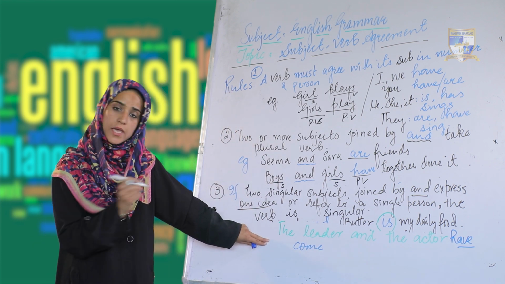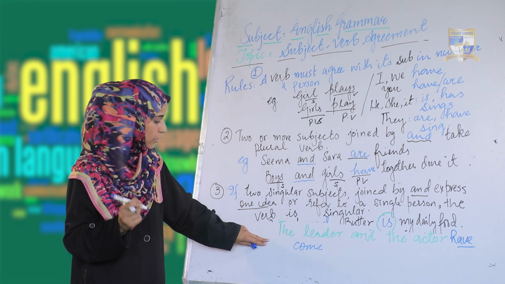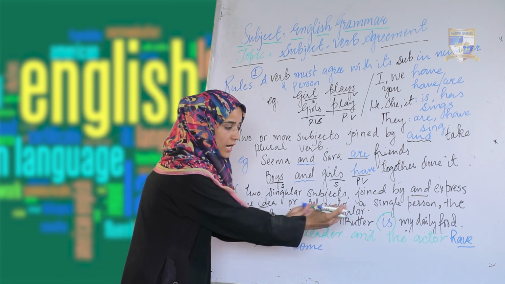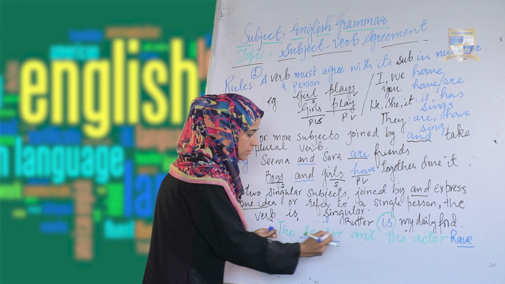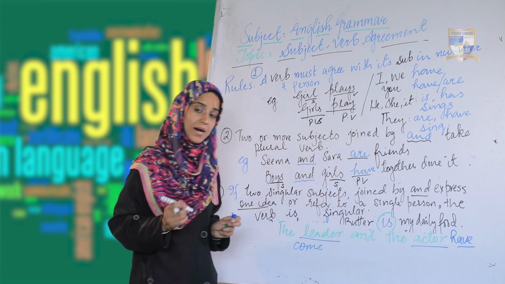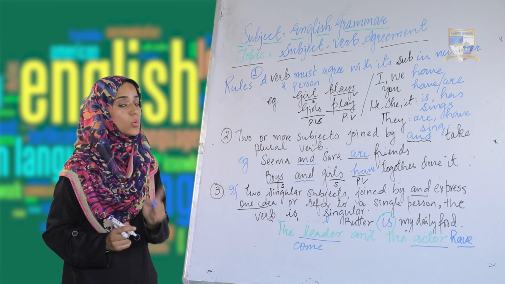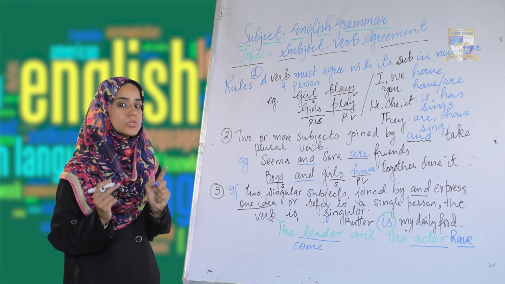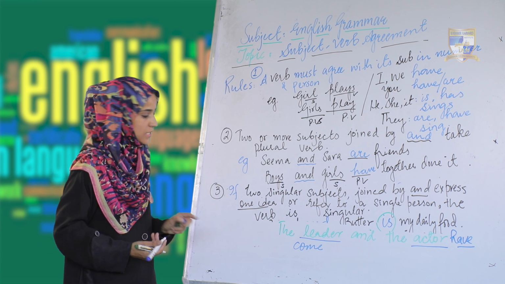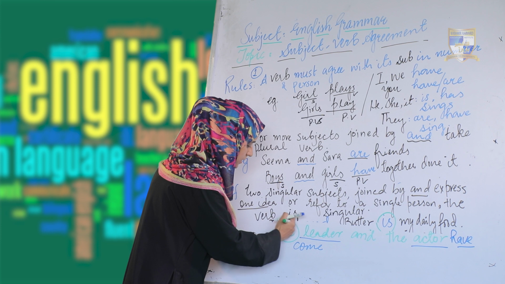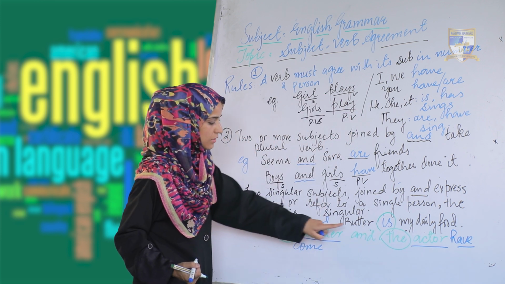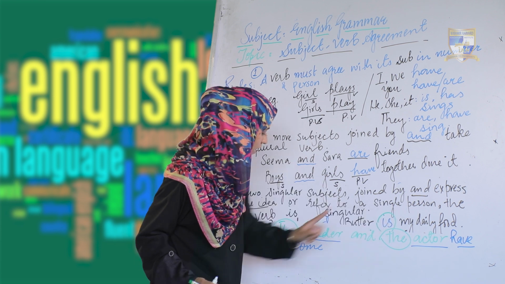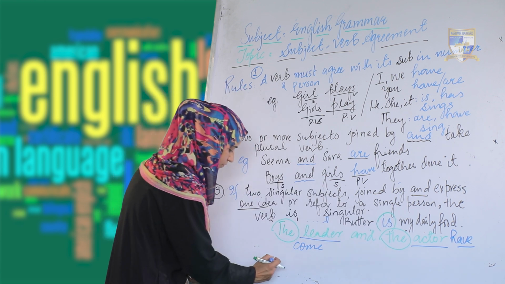Dear students, here we need to understand a point: we have two different singular subjects, the leader, the actor, but they do not refer to one person, they refer to two different persons, and it is indicated by using the article the with both the subjects. The leader and the actor have come.